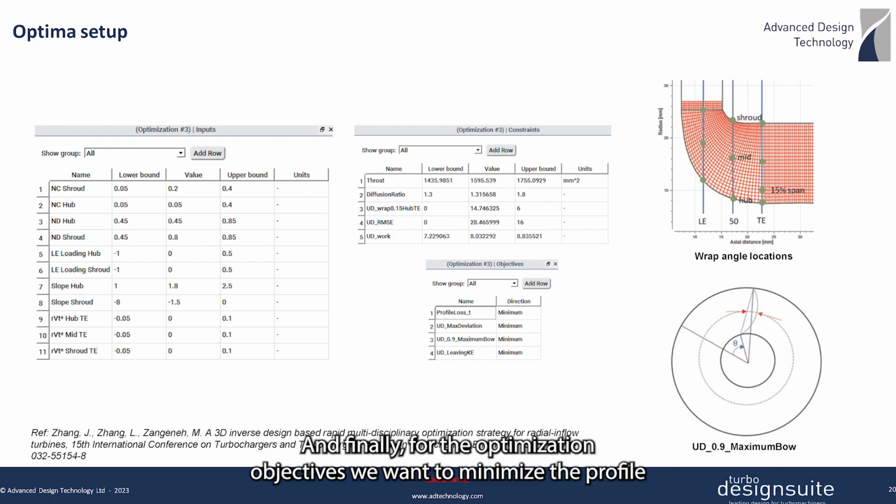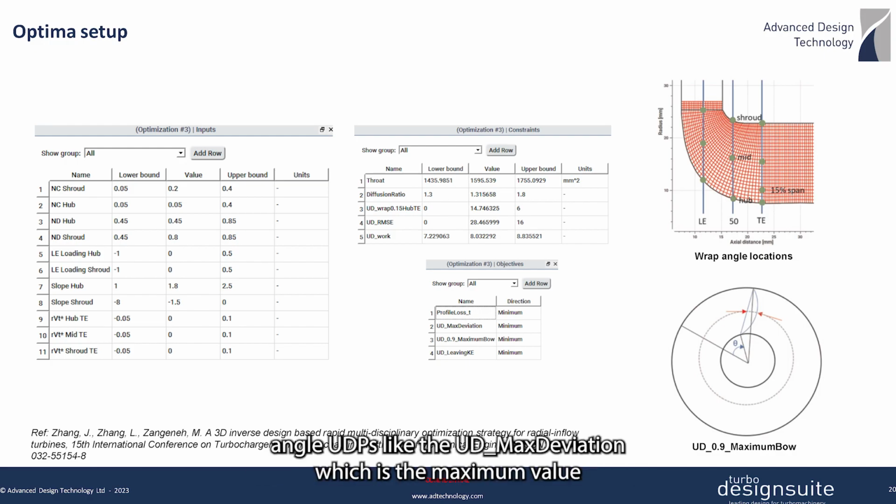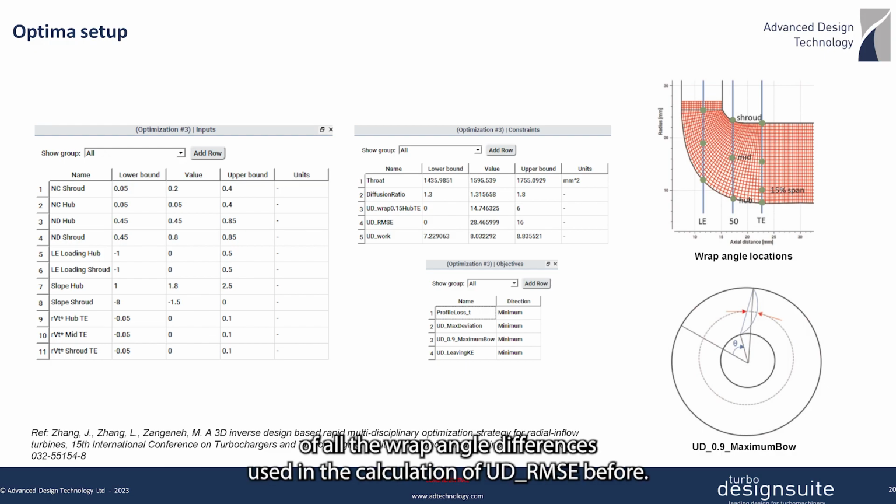And finally, for the optimization objectives, we want to minimize the profile loss and also the leaving kinetic energy in order to maximize the efficiency. But at the same time, we also want to minimize some more wrap angle UDPs, like the UD max deviation, which is the maximum value of all the wrap angle differences used in the calculation of UD-RMSE before.